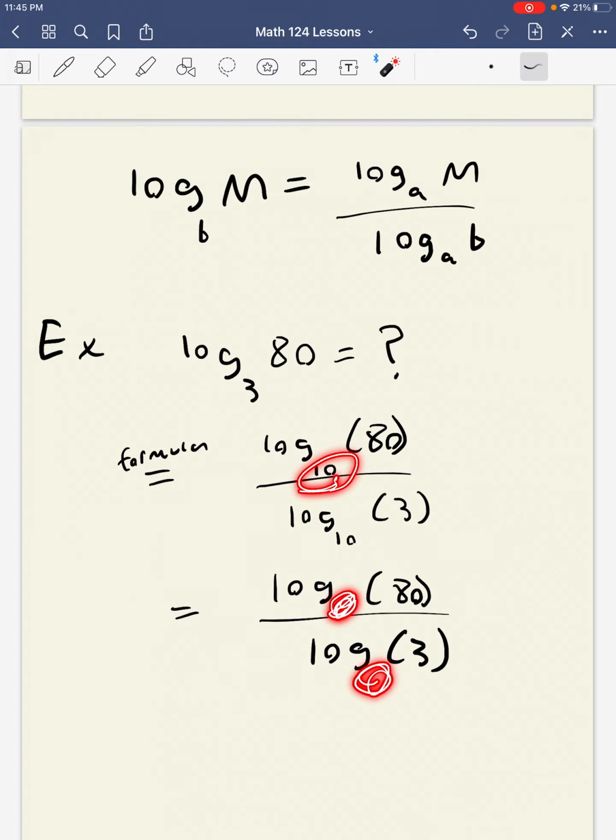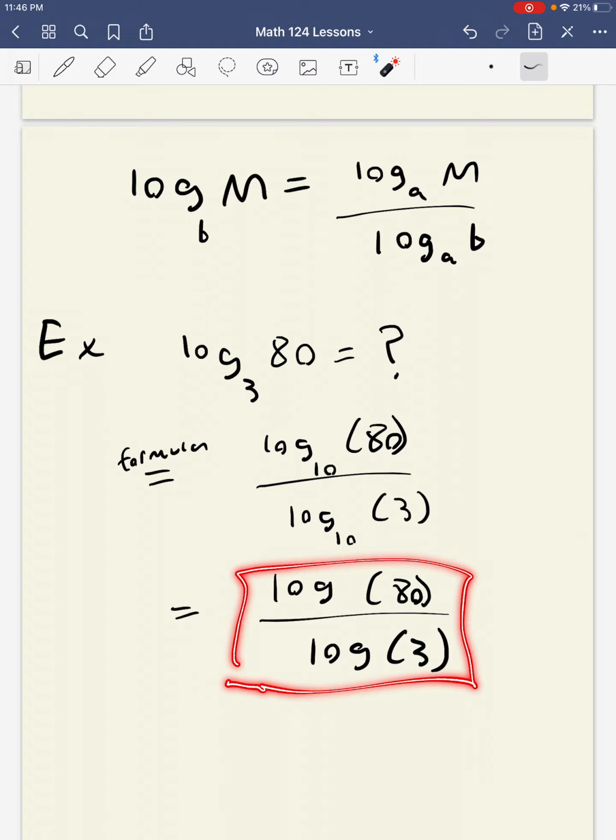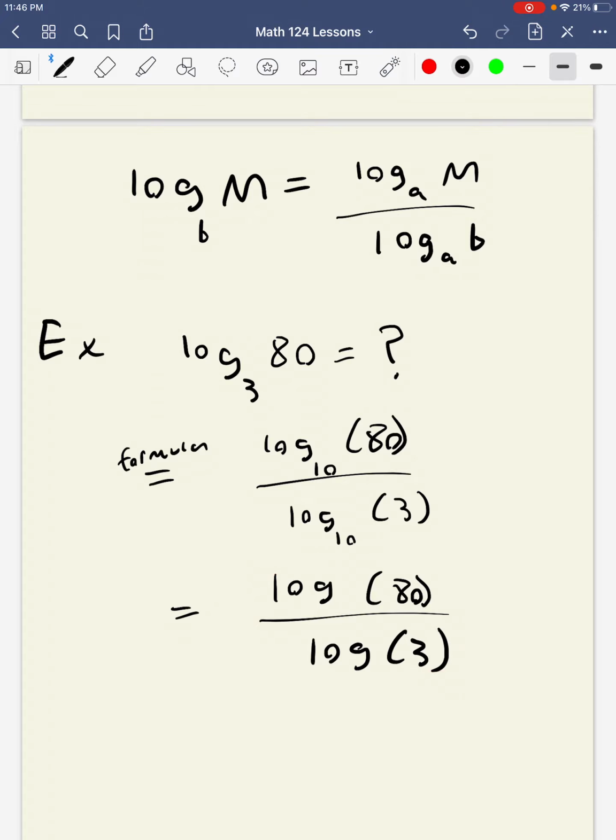So sometimes you may see log base 10, or if we just write log and we don't write a base, we mean base 10, because base 10 is so common that we have a shorthand for it. And in fact, if you just type this into a calculator, it will calculate it as base 10. Most calculators have a log base 10 button and also a natural log button.